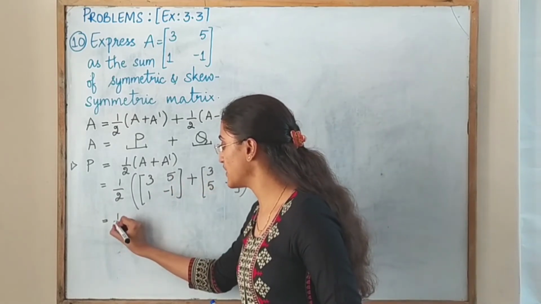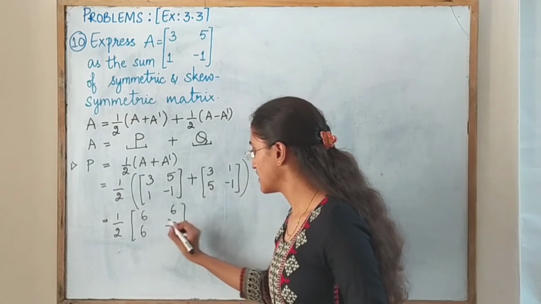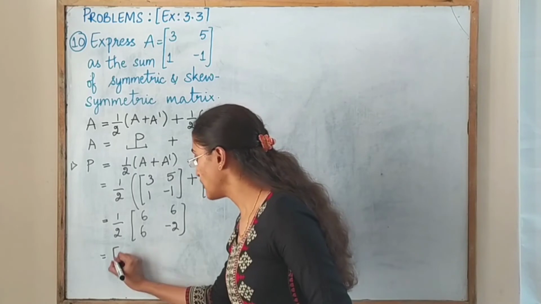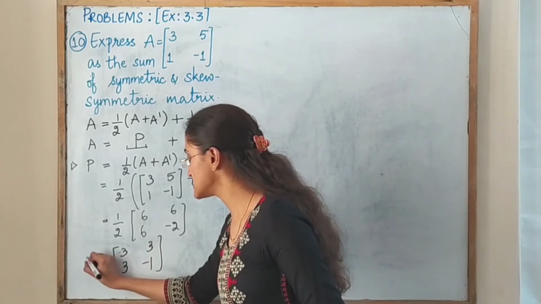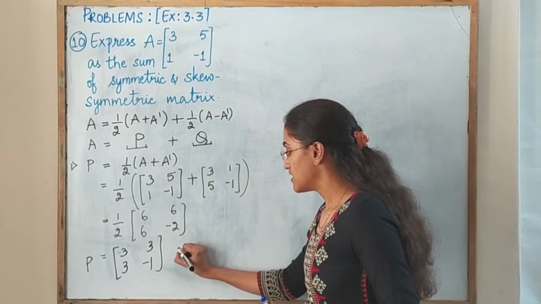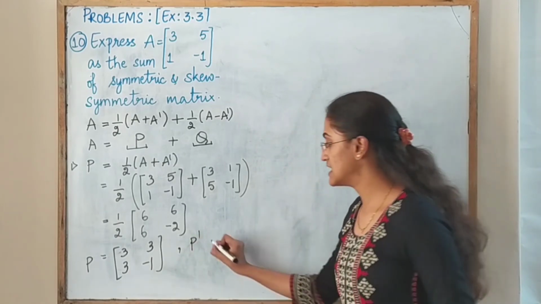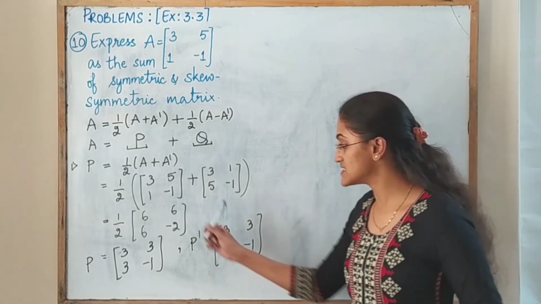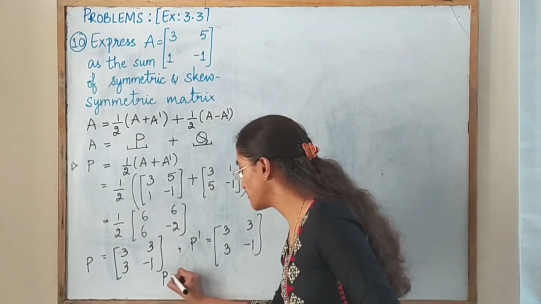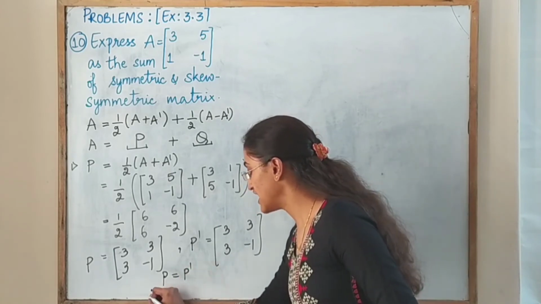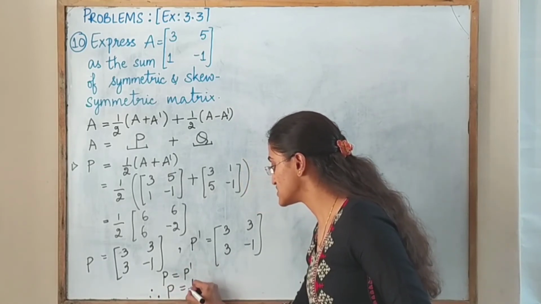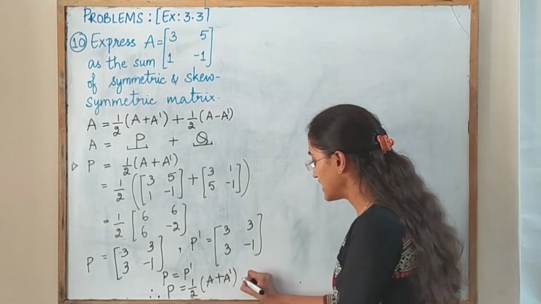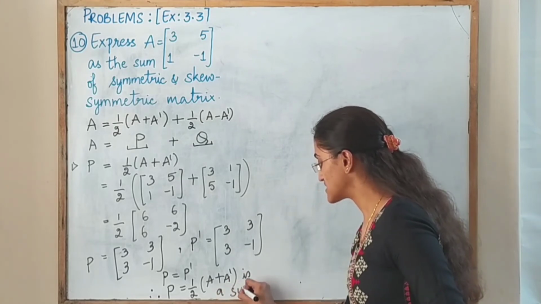Adding both matrices, we get, now multiplying 1 by 2 to every element of the matrix, this is the matrix P. Now find the transpose of P. We have the matrix which is equal to P, and hence conclude P is equal to P', and therefore the matrix P, which is 1 by 2 (A plus A'), is a symmetric matrix.